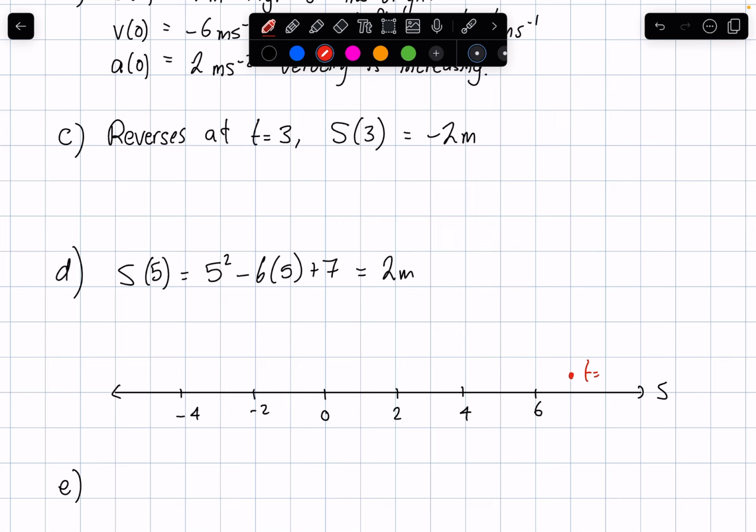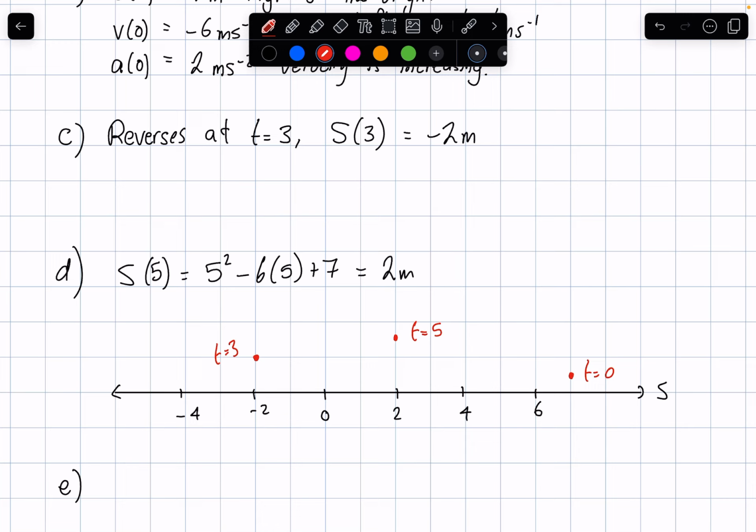That is t equals 0. Then I know I turn around when I reach negative 2. So I'm going to put a little dot just a little bit above where I put the first dot at negative 2. And then I also finish, so this is at t equals 3. Then I know I finish at positive 2 at t equals 5. So again, a little bit higher at 2, and that's t equals 5.